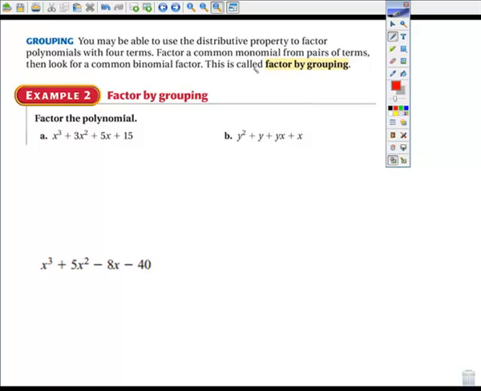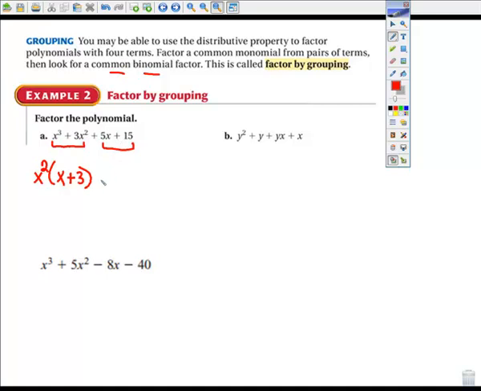It says factor common monomial from pairs of terms, then look for the common binomial, which is what we just did. So here I'm going to group these two, and I'll group these two. When I group these two terms, they have a common monomial factor of x squared. So when I factor it out, here I'm left with an x, here I'm left with plus 3.